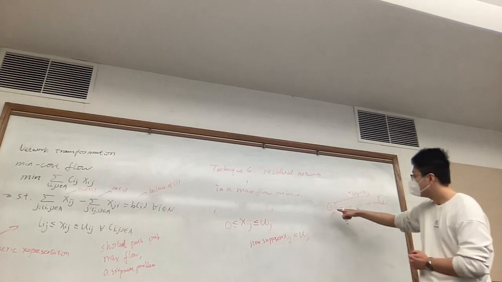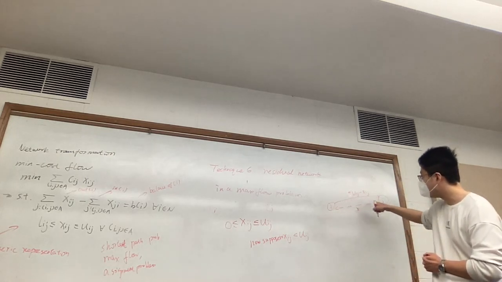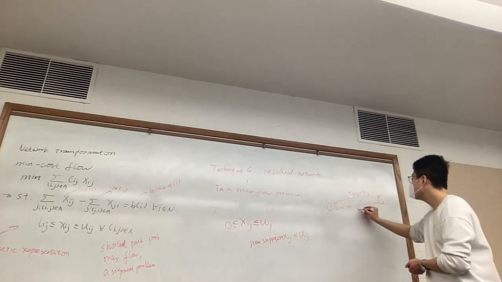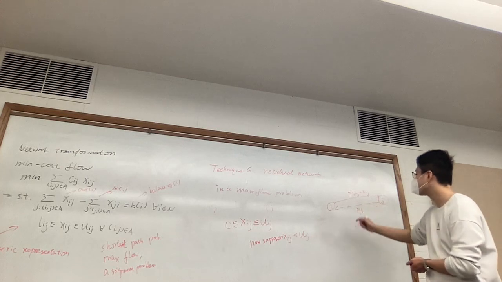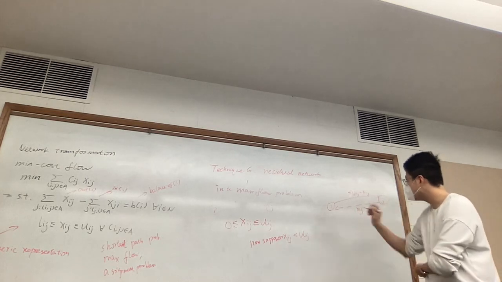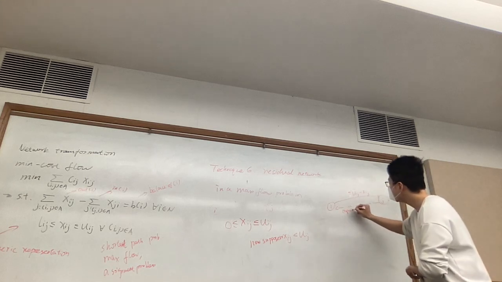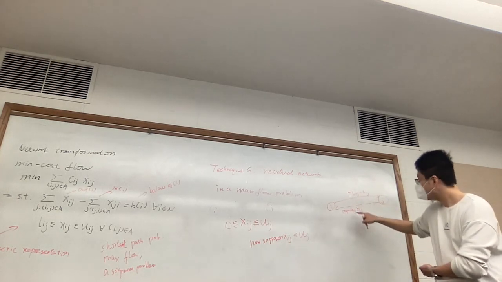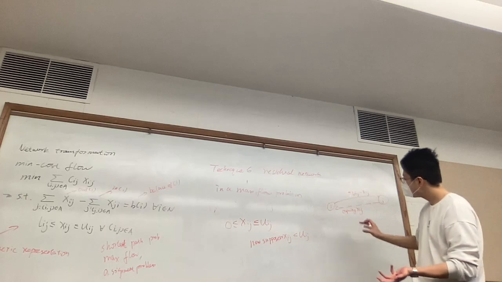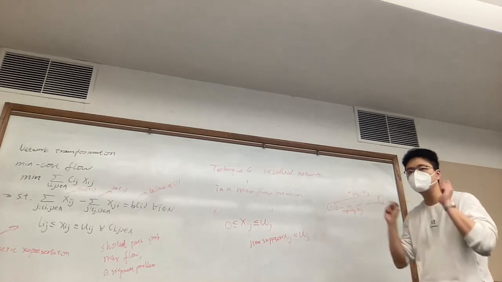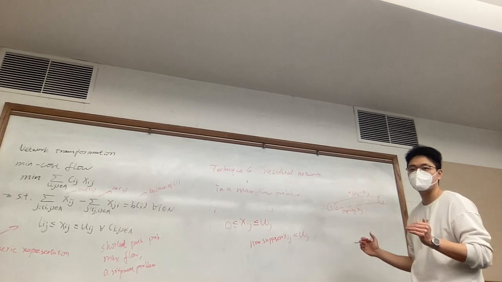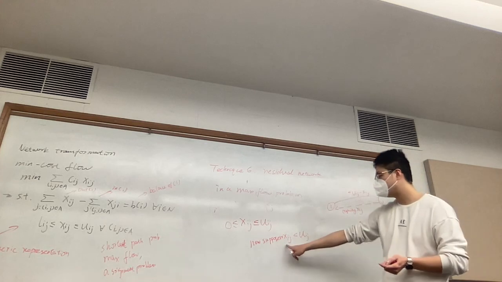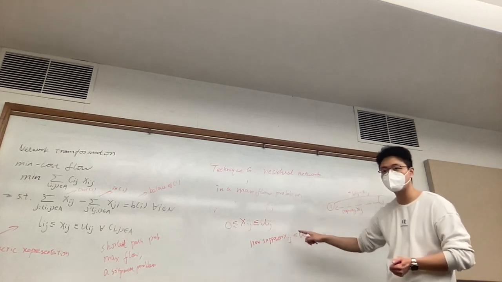And now I have added an additional arc from j to I, shown in the dashed line. This additional arc from j to I has capacity Xij. So what does this mean? This means how much flow you can reduce from the arc ij. In the current feasible solution, you already have Xij units of flow from I to j.